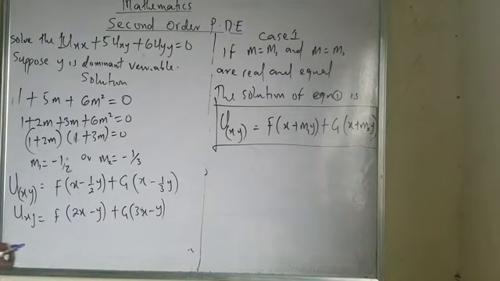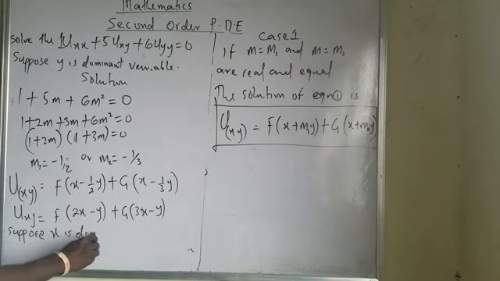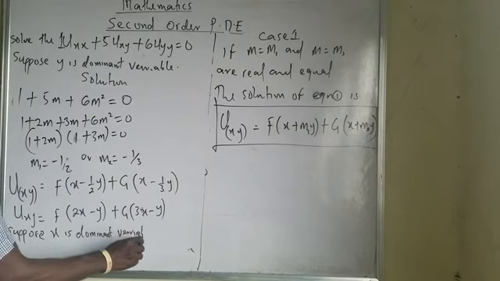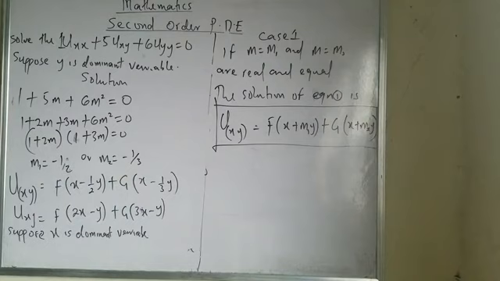Now let me declare, suppose x is the dominant variable. The story will change, and I'll be having m squared plus 5m plus 6 equals 0.